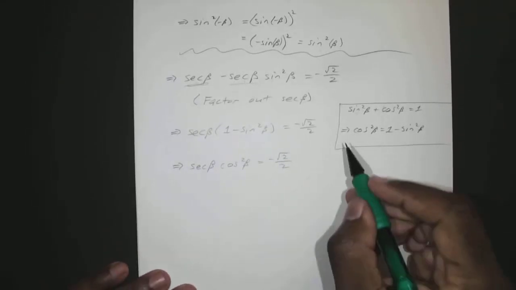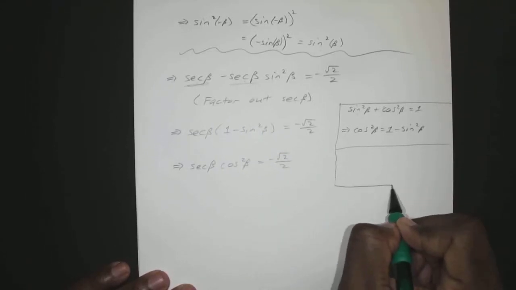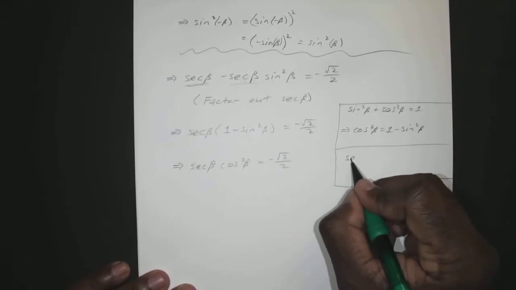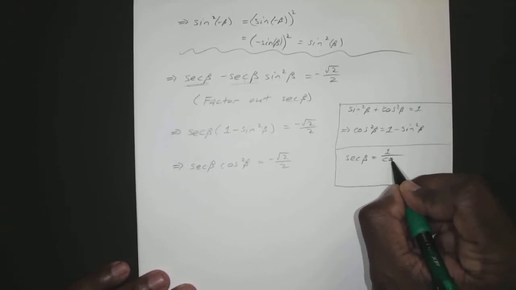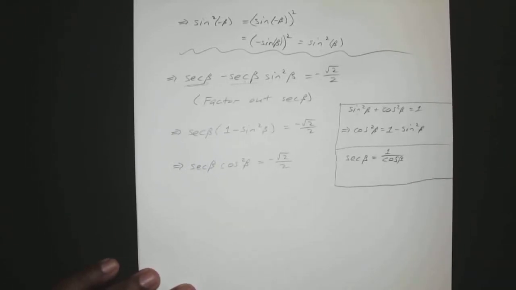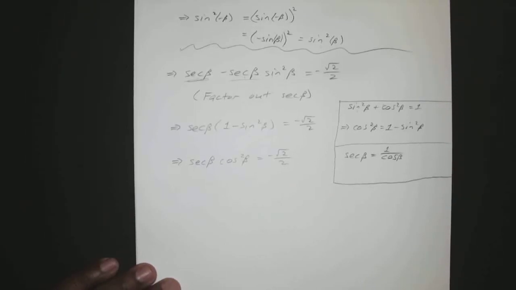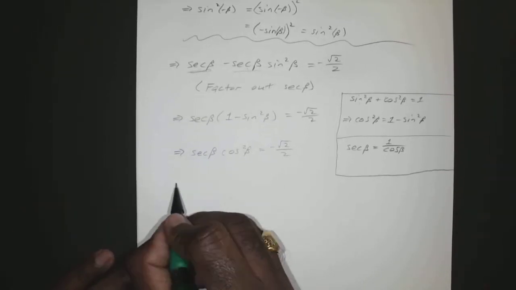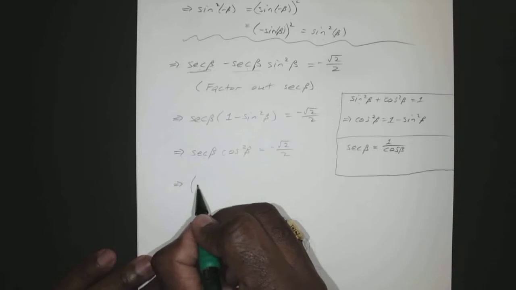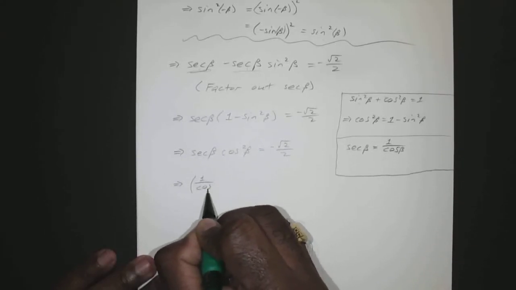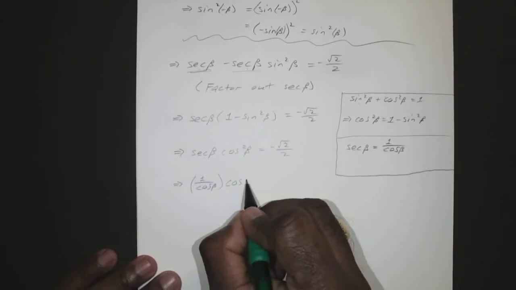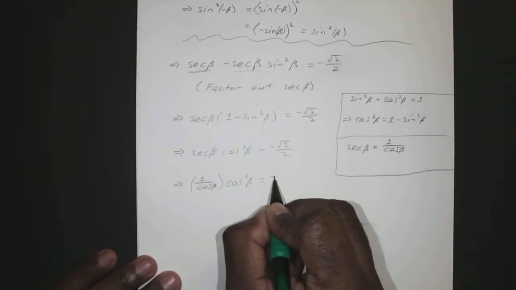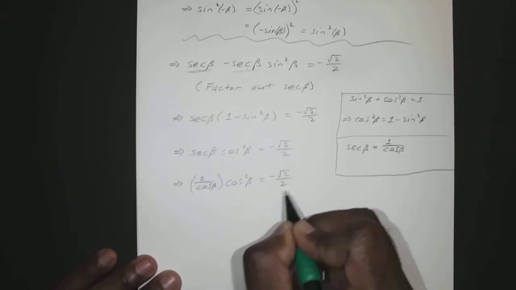We also want to remember that secant of beta is equal to 1 over cosine of beta. So that secant of beta becomes 1 over cosine of beta times cosine squared of beta equals negative square root of 2 over 2.